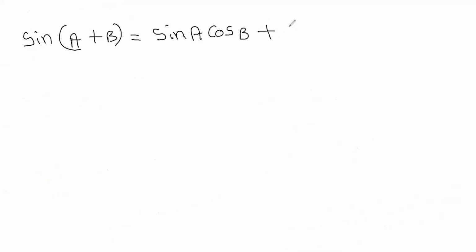They are called compound angles. That's it. Sine of a plus b is sine a cos b plus cos a sine b.